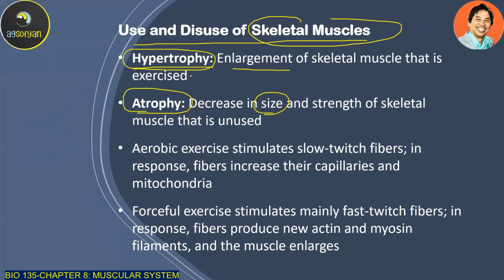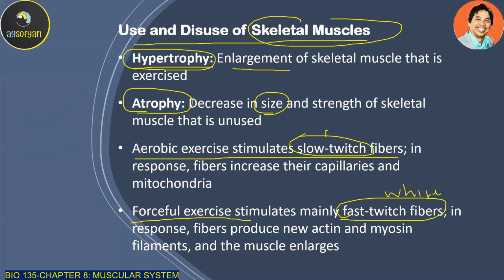Okay, so hypertrophy is so much use, atrophy is so little use of muscle. Aerobic exercise will stimulate slow twitch muscle fiber. The forceful exercise will stimulate fast twitch muscle. Okay, so this is white meat. Okay, slow twitch is the red meat.